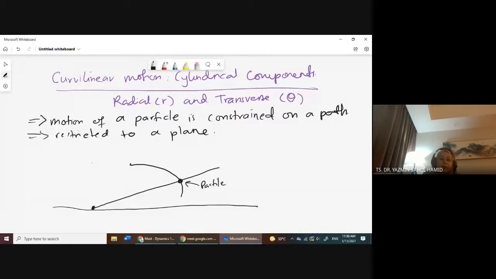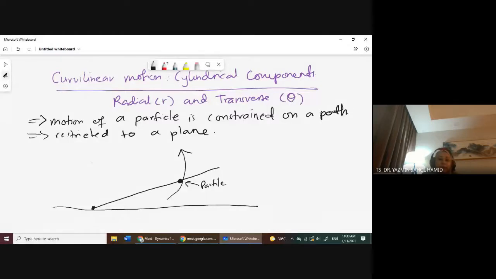Can you see? Something like that, or like that. They're moving along a curved path. So if this particle is moving along a curved path, and is constrained along this path, then we can use radial and transverse. Okay, so this is the example.